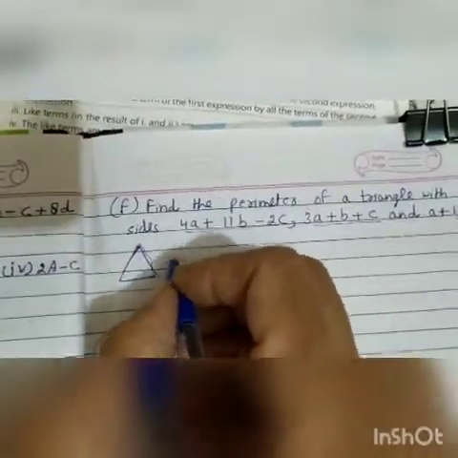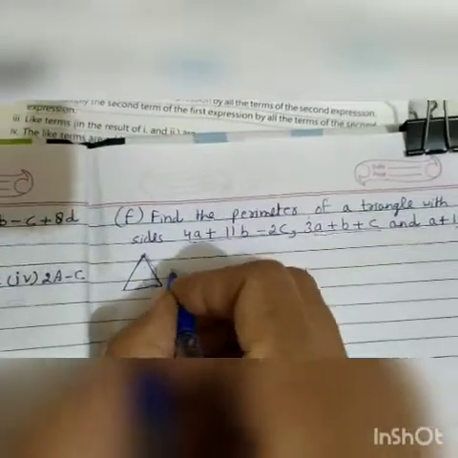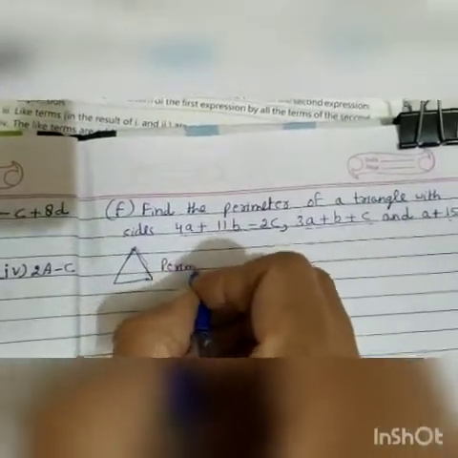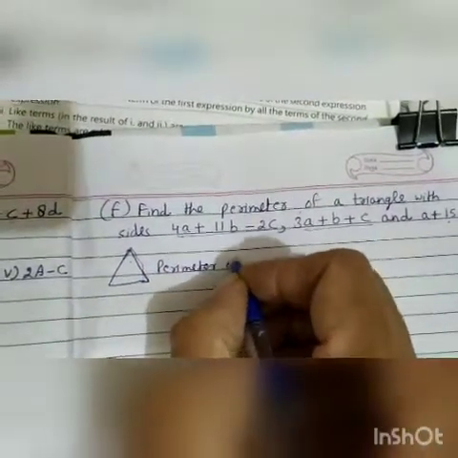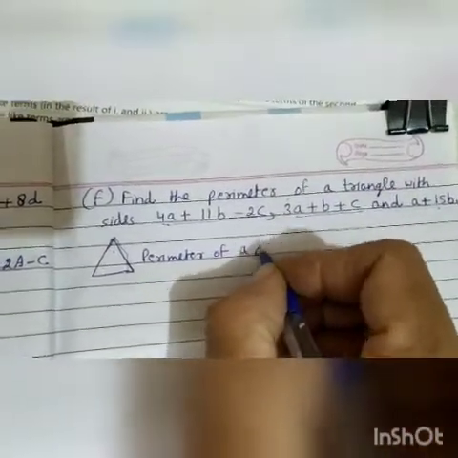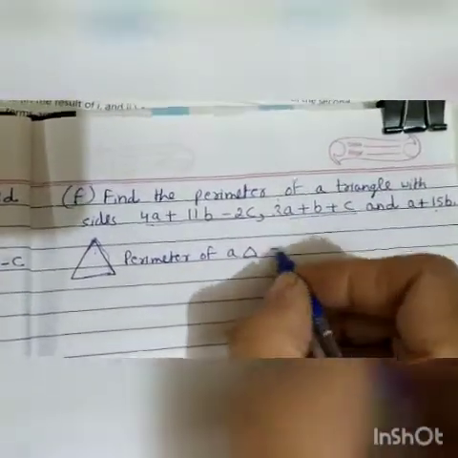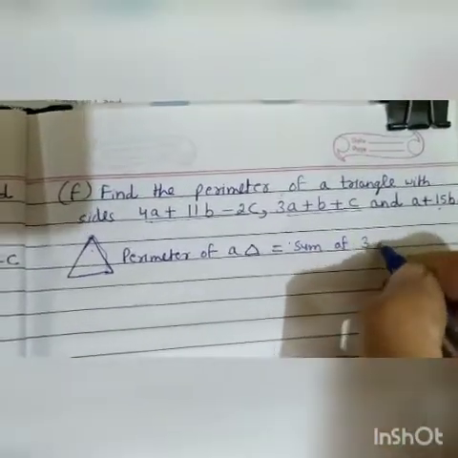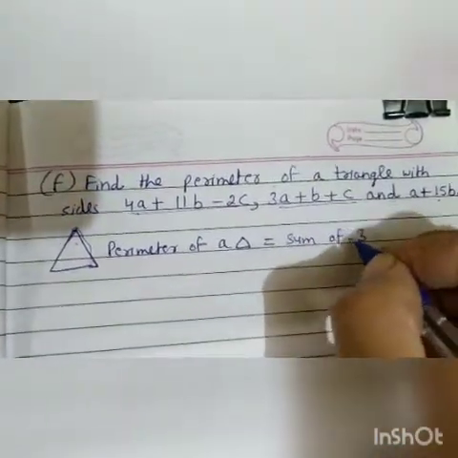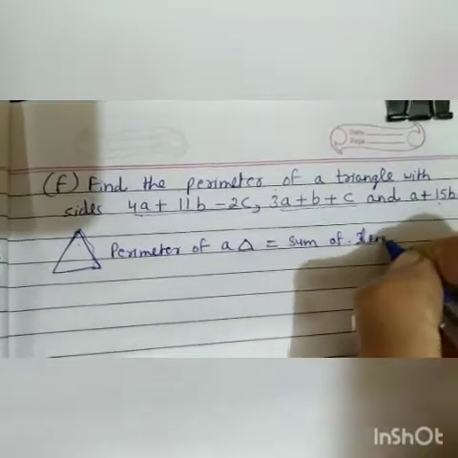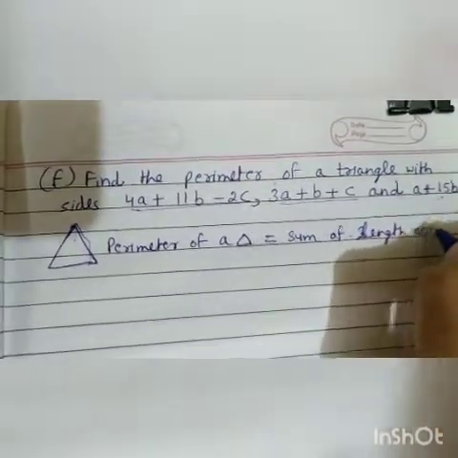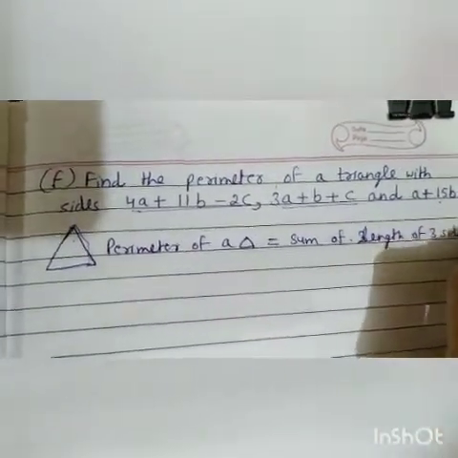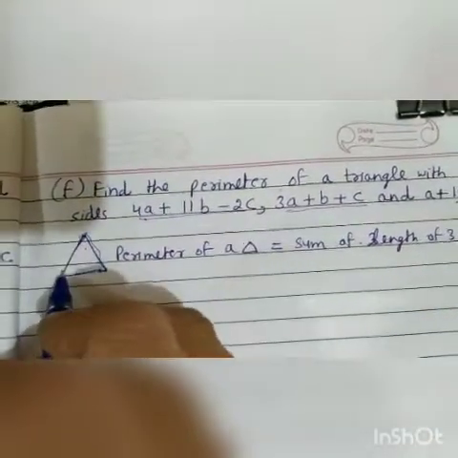So what is the perimeter? The perimeter of a triangle is equal to the sum of the lengths of the given three sides, the sum of the three sides of the triangle.